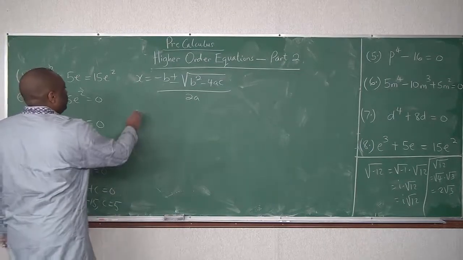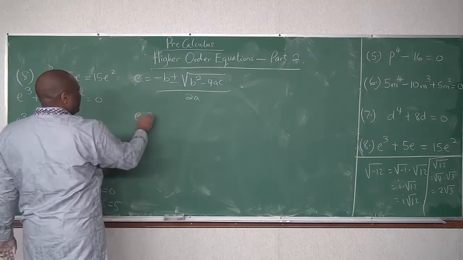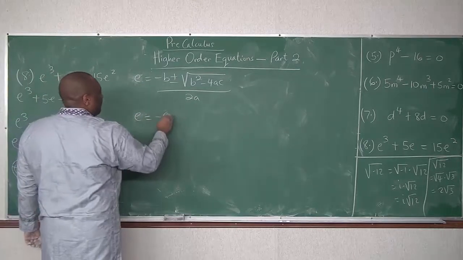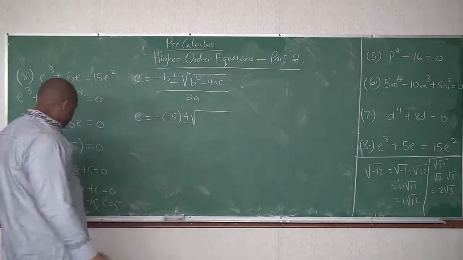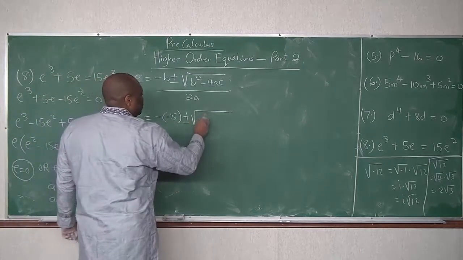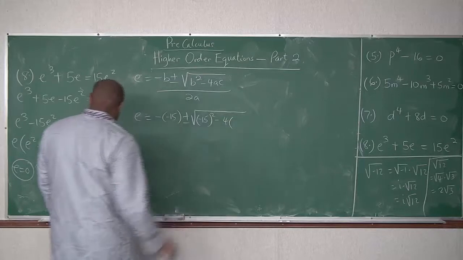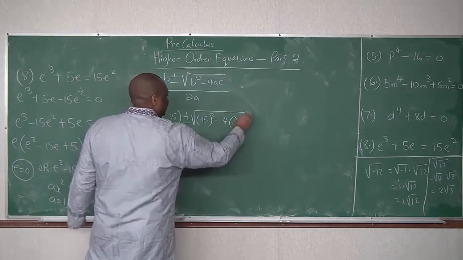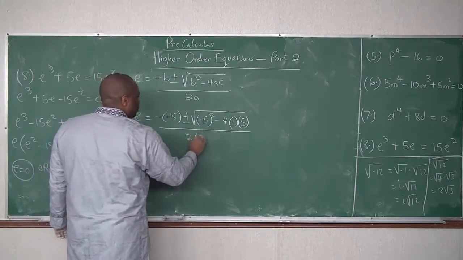So x will be equal to what now? This one, E. Let's just write E now. E is equal to negative negative 15 plus minus square root of negative 15 all squared minus 4 times A 1 C 5 all over 2 times 1.